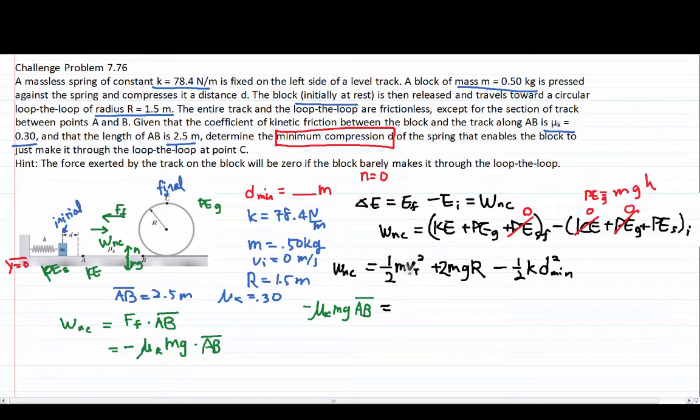Then we have to find the tangential velocity at the top. Okay, I'm going to draw the free body diagram. We have force due to gravity, mg. There's a normal force perpendicular to this track, but remember in our hint N equals 0, so I'm not going to write that down. And we have centripetal force toward the center.